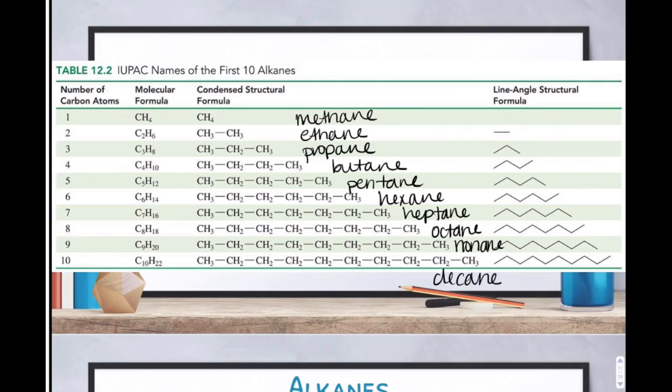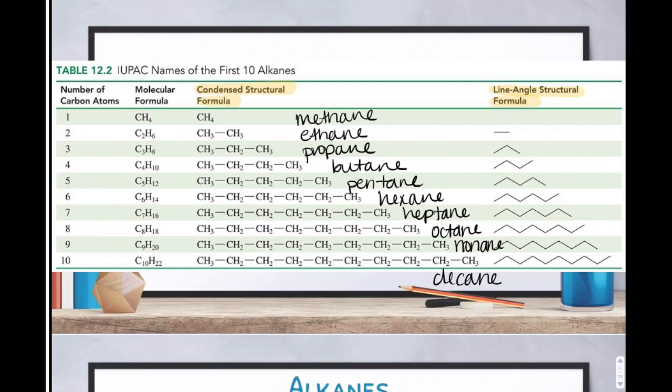And there are a few different types of these structural formulas. I'm going to show you a little bit more of these, but I do want you to look at these condensed structural formulas. You're going to need that for your experiment, and the line angle structural formulas, we'll talk about that in a second. A condensed structural formula is kind of like a Lewis structure, but instead of drawing out the bonds to all of the hydrogens, we just show them connected to the C. I understand this as all single bonds, so I don't need to draw out every single line to a hydrogen.